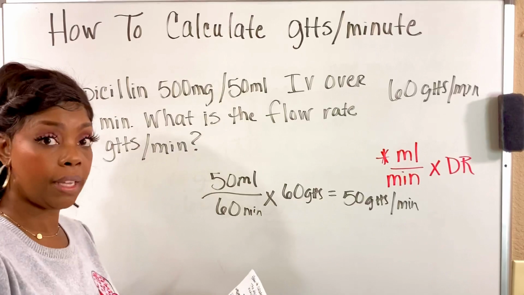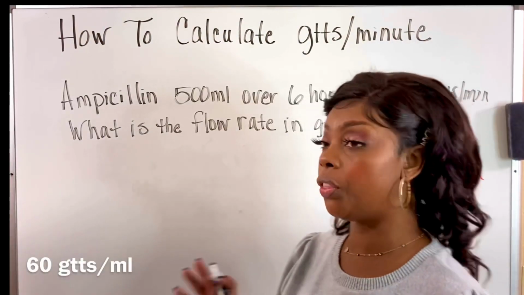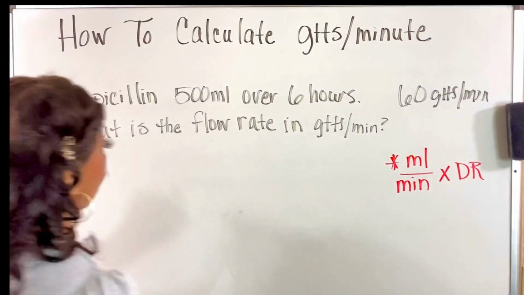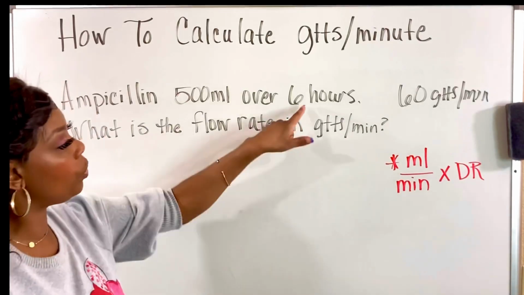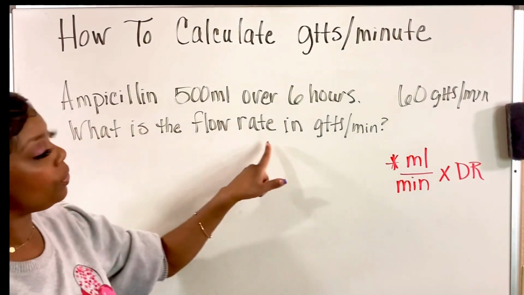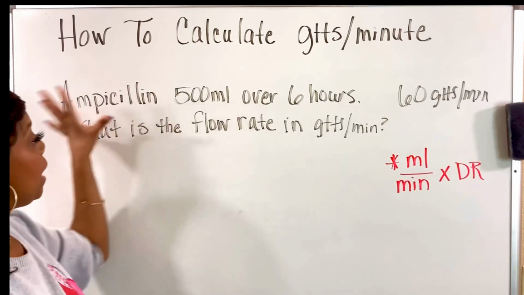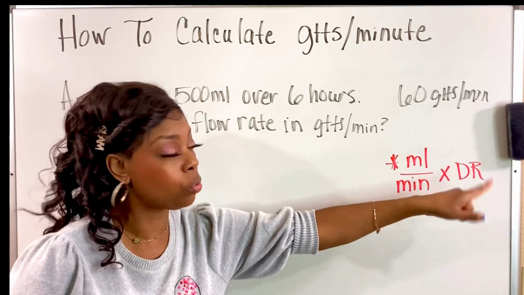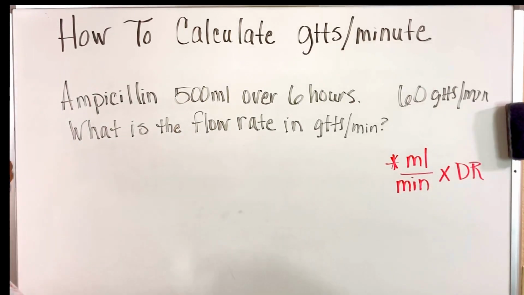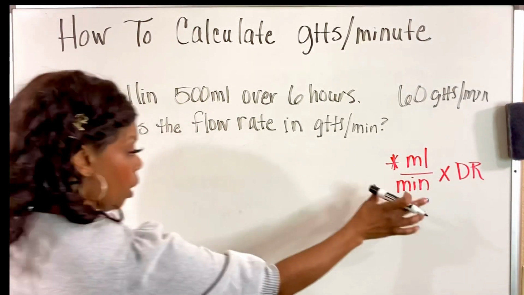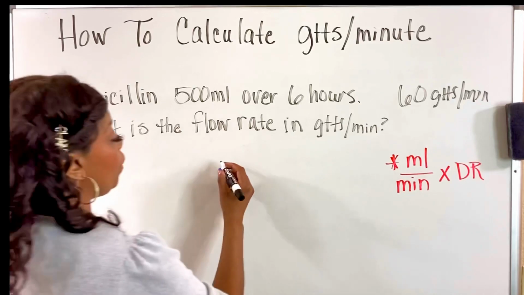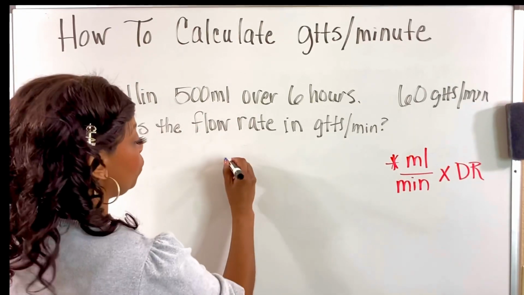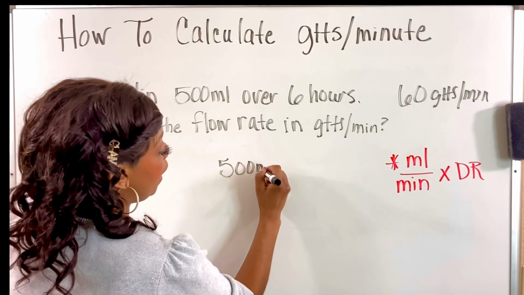All right, let's go to the next one. Okay, this is our third one. Ampicillin, 500 milliliters over 6 hours. What is the flow rate in drops per minute? As you can see here, we do not have a drip rate or a drop rate. So we're going to use our formula, okay, right here. So we have 500 milliliters. That's our first one. How many minutes do we have?